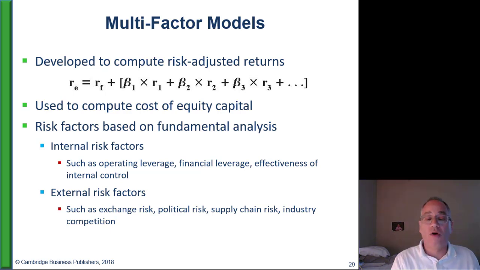These could be based on all different things. It doesn't have to just be the excess returns, but rather it could be things like operating leverage, financial leverage, industry membership, all sorts of different things. Then you could have a set of betas, and each beta would measure susceptibility to a different kind of risk. So multi-factor models can be developed that are much more accurate than the basic single-factor capital asset pricing model.